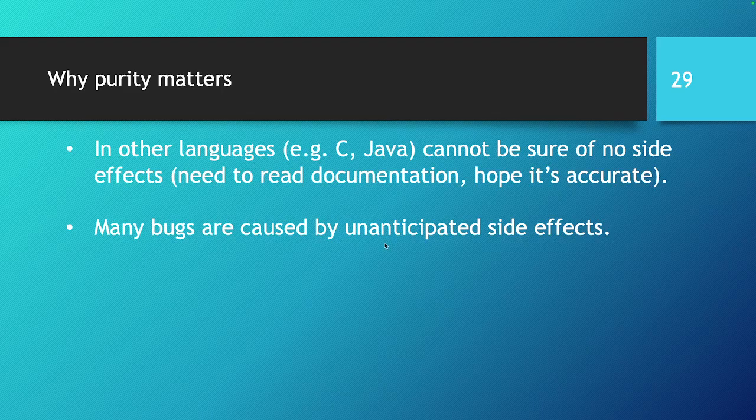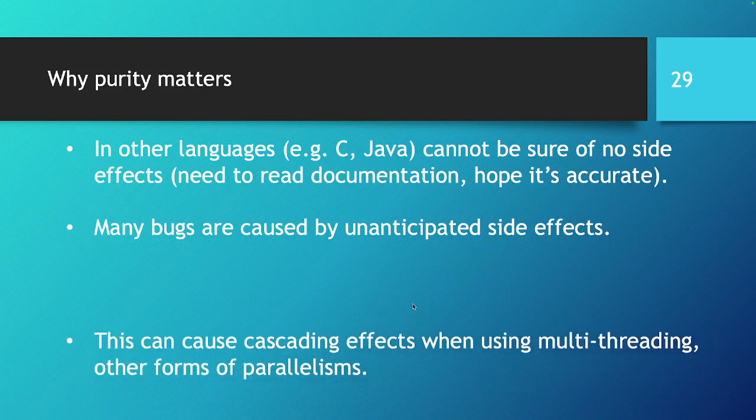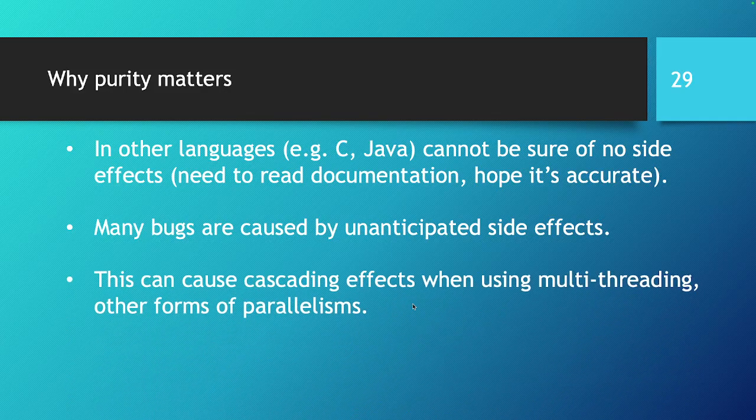Now, the most benign version of that is that it's coming out on a piece of paper or on a printer or something like that, or on the console. That's benign because it's not acting as input into anything else. But if you're changing state in something, it can have a big issue on it. Okay, so it can cause cascading effects if you're using multi-threading or whatever.